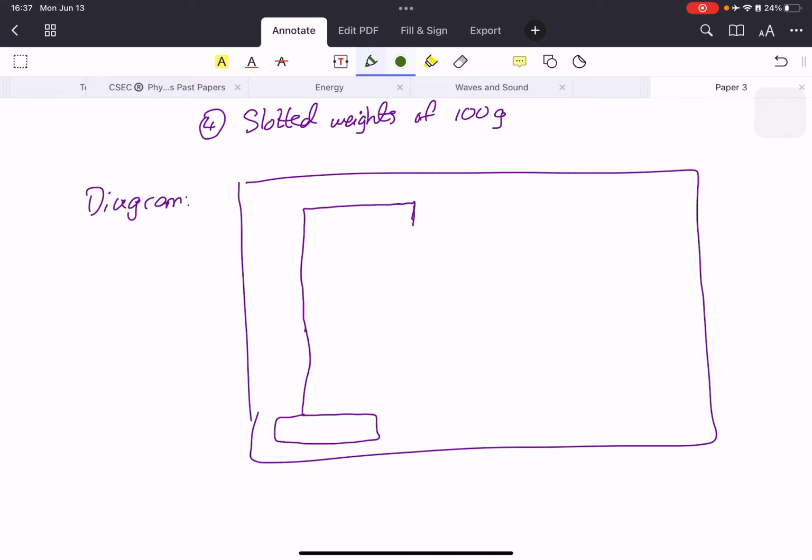So you are going to attach the meter rule like this, right? So you know the meter rule is 100 cm or 1 meter, right? And in the middle of the meter rule, that is where the center of gravity is. That's where all the mass is acting, right? So you have to assume that this is the weight, sorry, because we're doing force, right? The weight of the meter rule is acting downwards like this. So because I put the meter rule off balance, the meter rule wants to tip in this direction, right? Obviously, you could think about that, right?